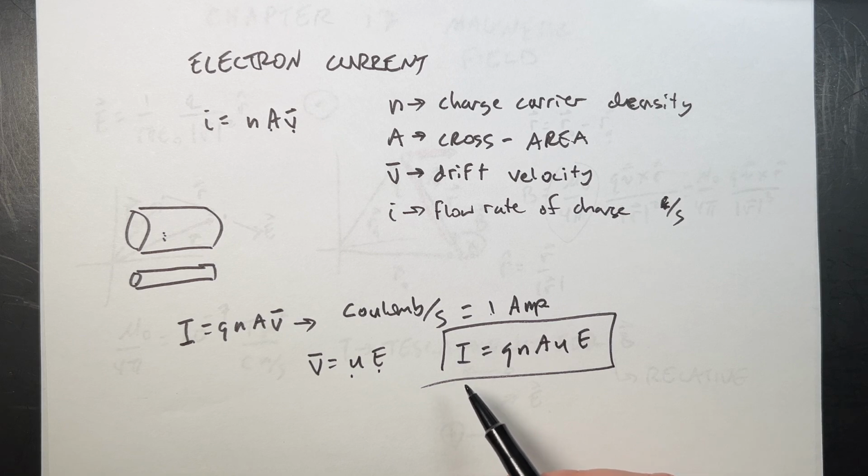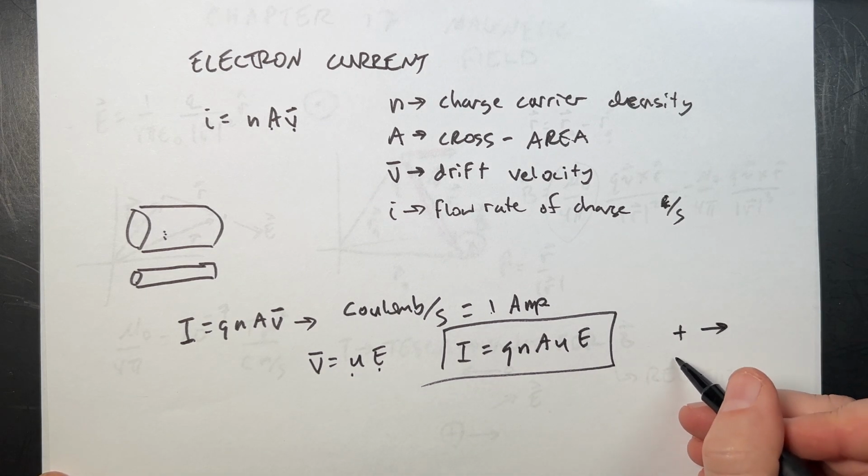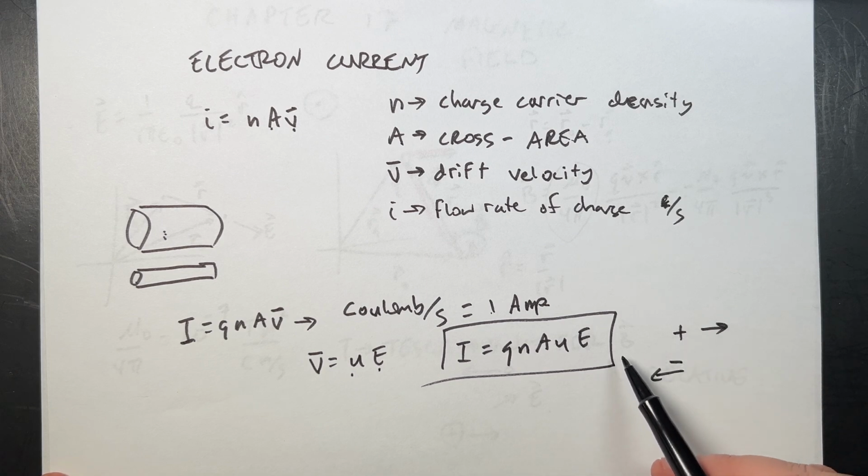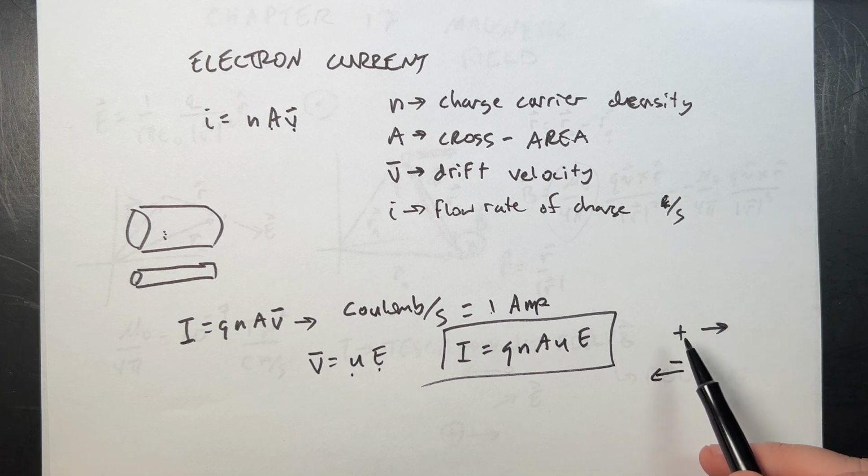Now, we describe conventional current as the direction that a positive charge would be moving, and in a lot of cases we can't tell the difference between a positive moving that way or a negative moving that way. But there is a way, we'll learn it later, it's called the Hall effect. We just assume it's positive charges moving, even though it's usually not.